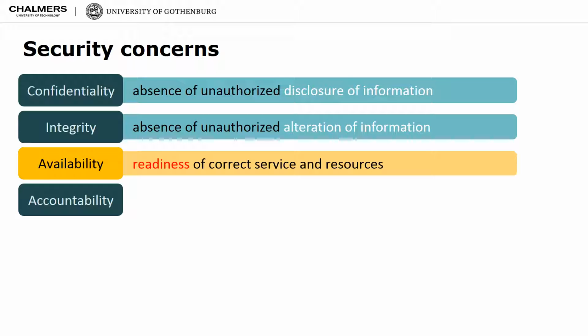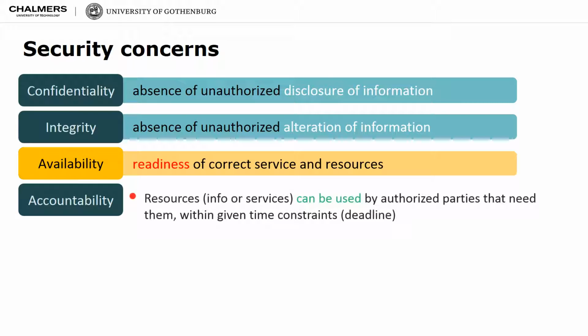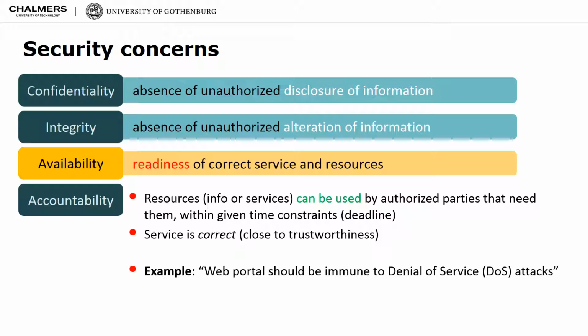The third concern of availability relates to this type of assets and refers to both the property of readiness and correctness of services and resources, meaning that these services and resources are there when an authorized user needs them, and also they are able to provide correct service. And in this case, a typical example is that of denial of service attacks to take down, for instance, a web portal.